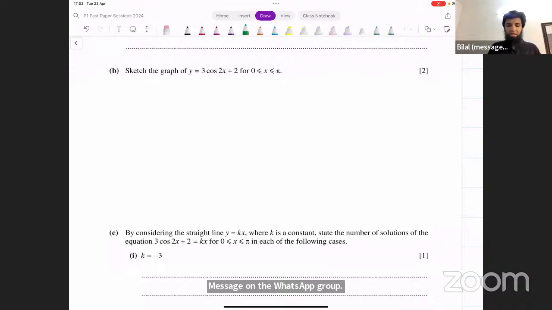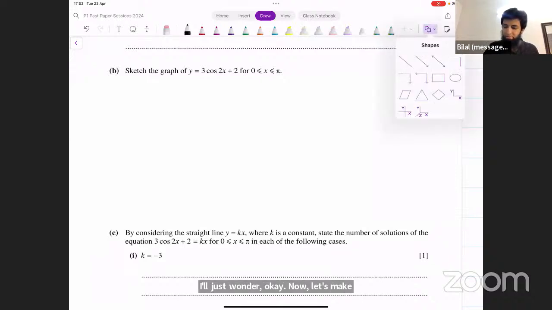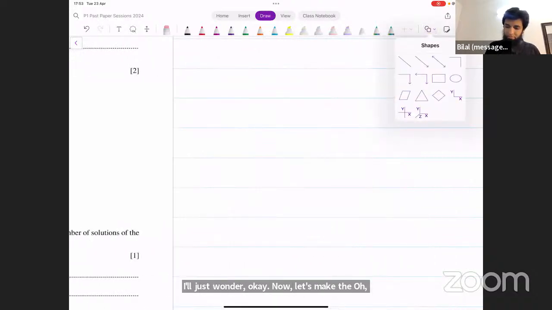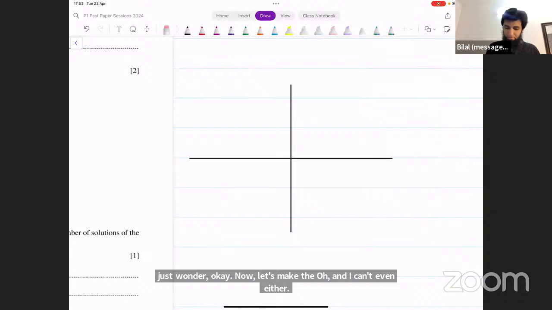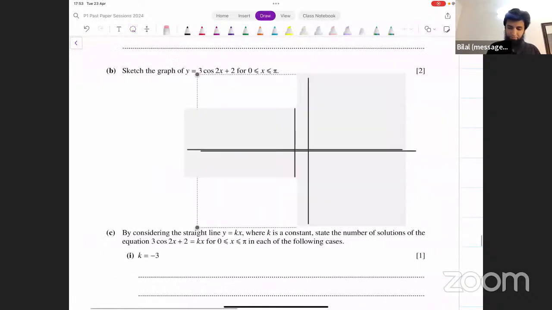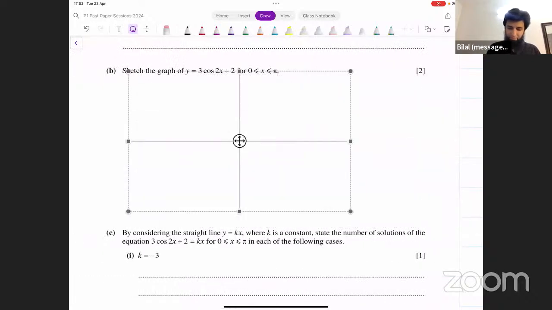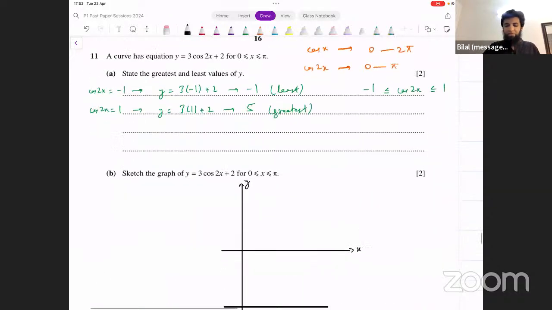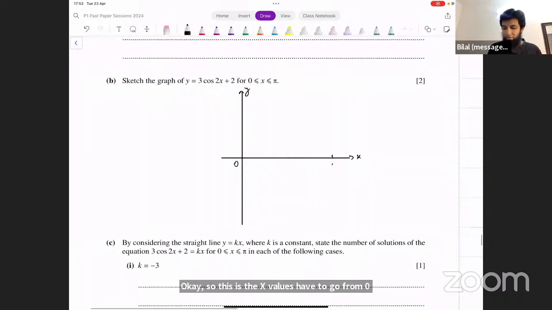Now let's make this table on our calculator. Okay, so this is the y-axis, this is the x-axis. X values have to go from 0 to pi. Okay, let's break it down. This is pi over 2.